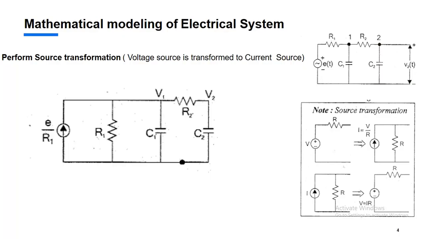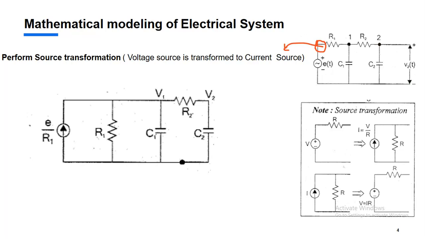This is the given question. First, we have to go for converting this voltage source in series with the resistor into a current source. We know that source transformation we are applying. We have a voltage source in series with resistor.